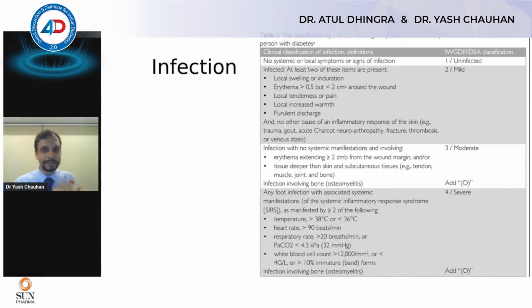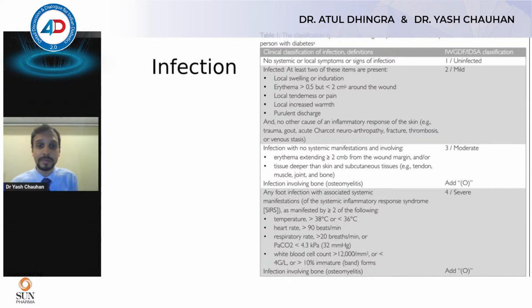So the first is, if there are no systemic signs and we don't get any signs of infection, which I'll come to, it's an uninfected wound. If at least two of these five things are present, such as purulent discharge, erythema, tenderness, warmth, or induration, it comes as a mild infection.